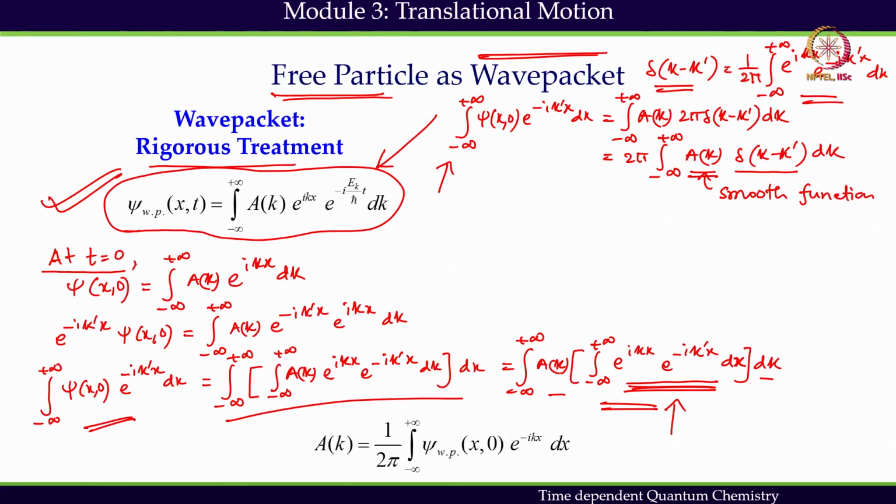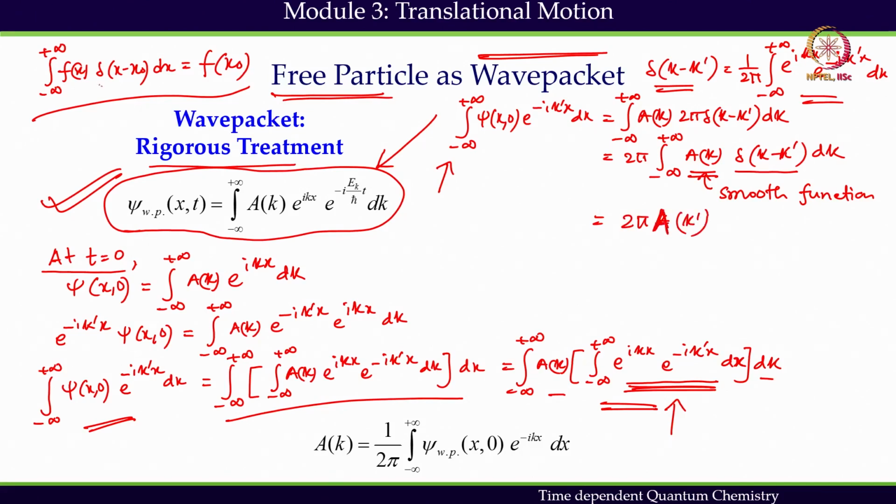If I have integral from minus infinity to plus infinity of f x delta x minus x naught dx, this is nothing but f of x naught. If I use that delta function property, I can write this one to be 2 pi a k dash.